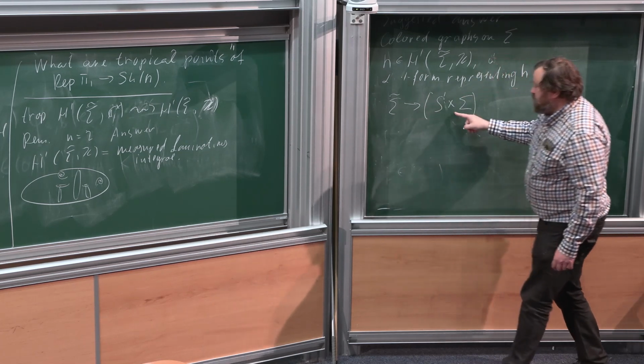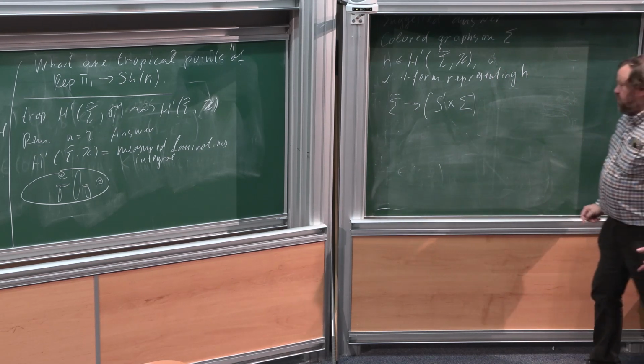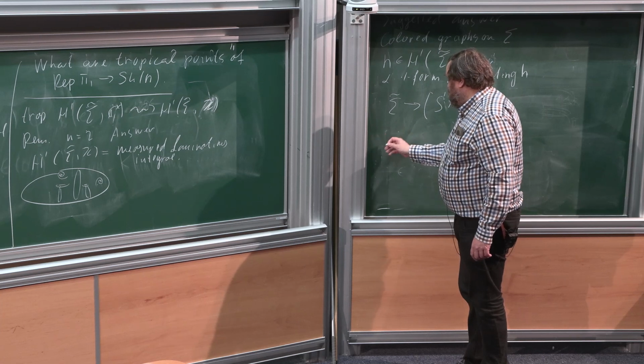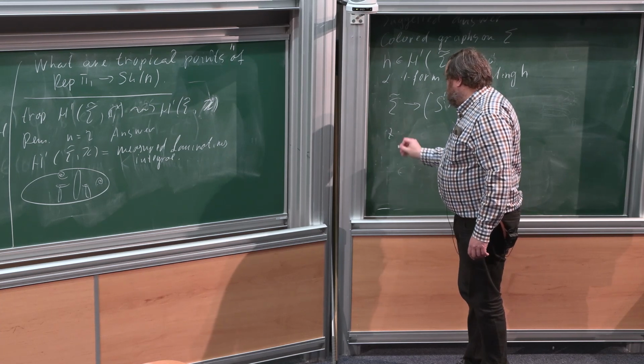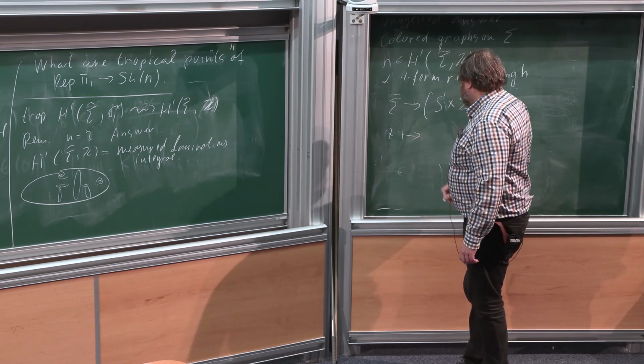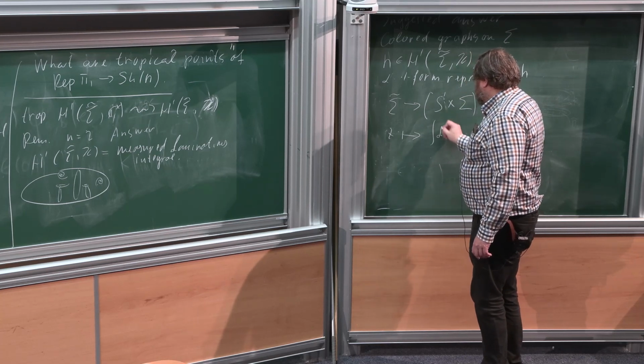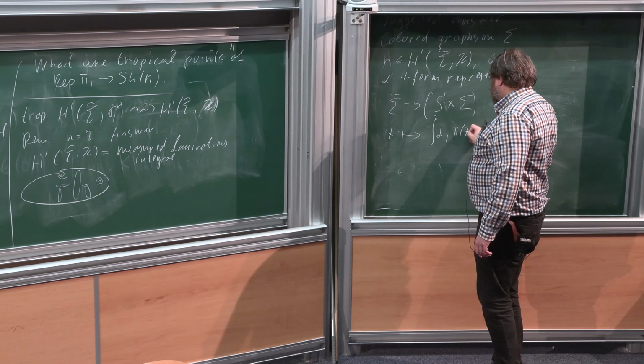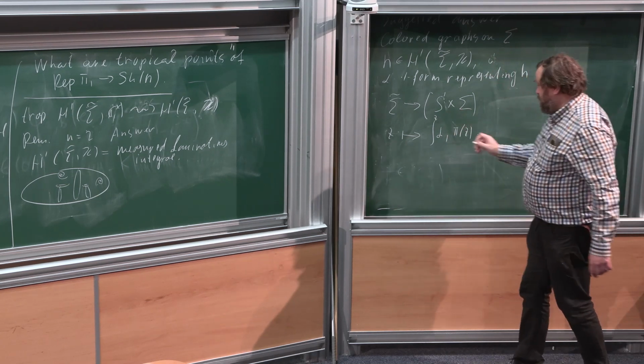So it's a two-dimensional manifold to a three-dimensional one. You define the map as follows: you take the point Z, and it maps to the point integral of alpha up to Z, comma pi of Z. Pi is just the projection to sigma.